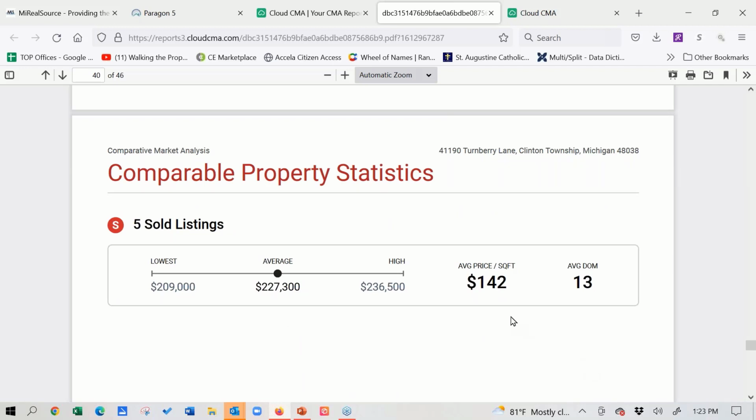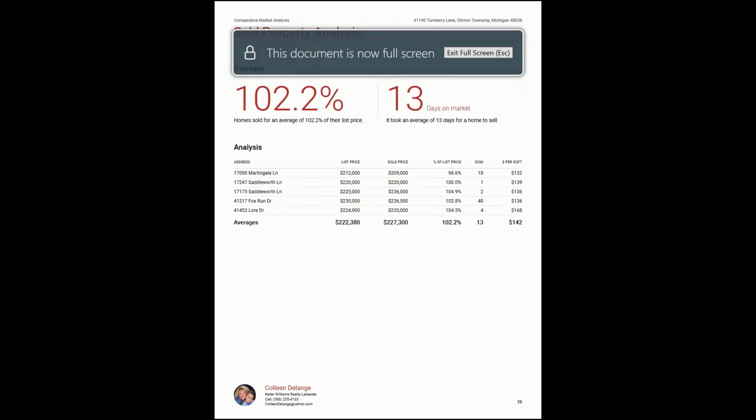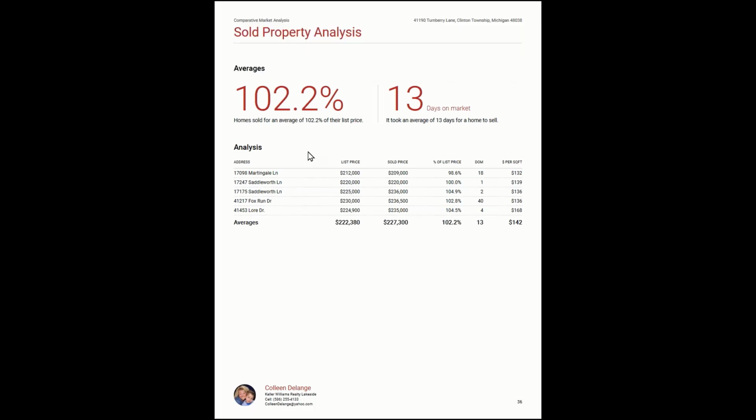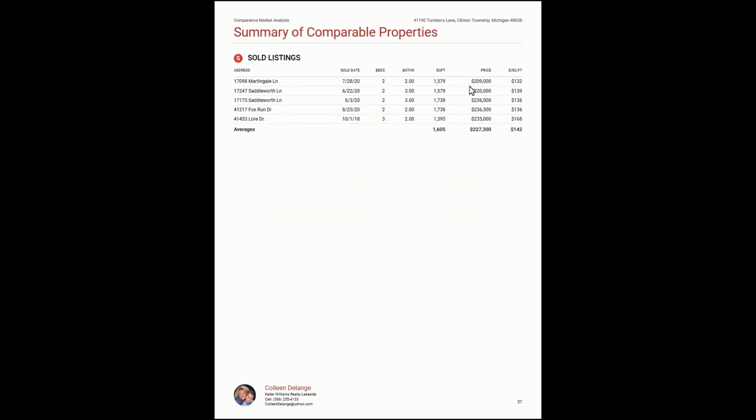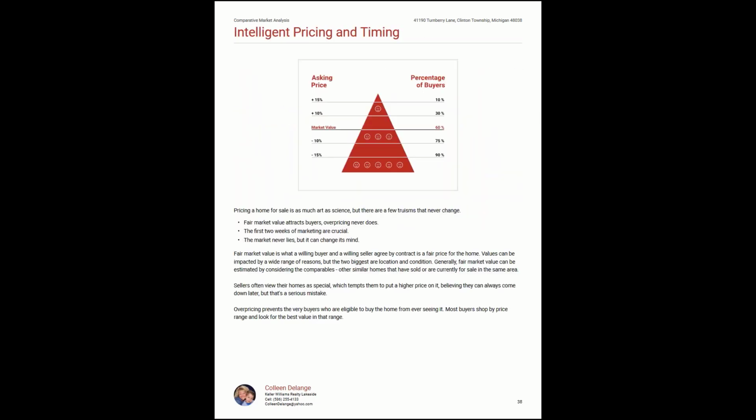Like, it'll show the average price per square foot. What is the average days on market that they should be concerned with? And as I go through this, it will also show how much they're selling versus their list price. So we can see they're selling at 102% right now at 13 days on market of what they were listed for. So I like some of these graphs.